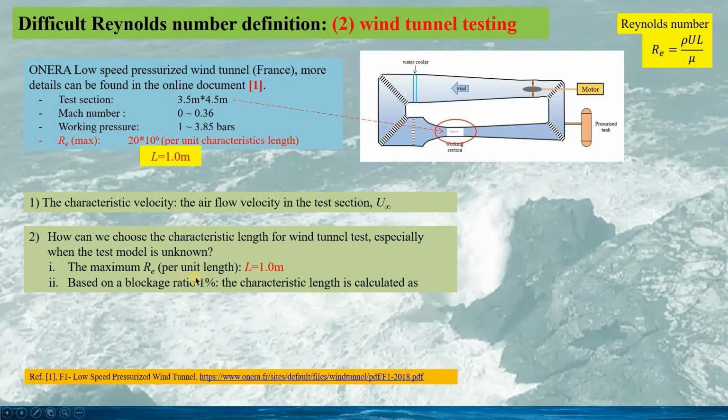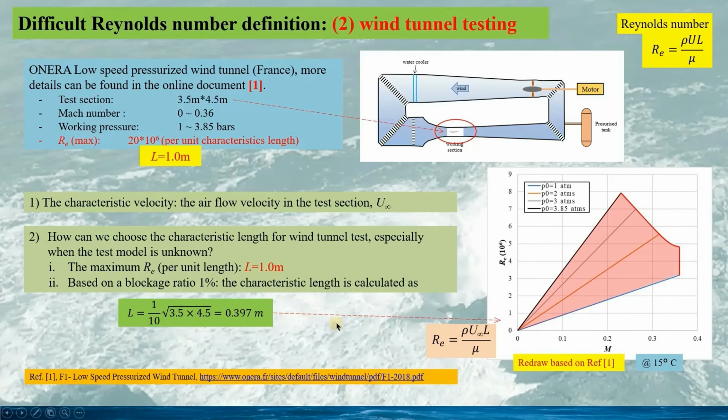So there are two ways to present the Reynolds number for the wind tunnel. The first one is the maximum Reynolds number per unit length, and the second one would be based on the blockage ratio of 1%. So the characteristic length is calculated as this. And based on this characteristic length, we can draw a plot as this, following the reference.